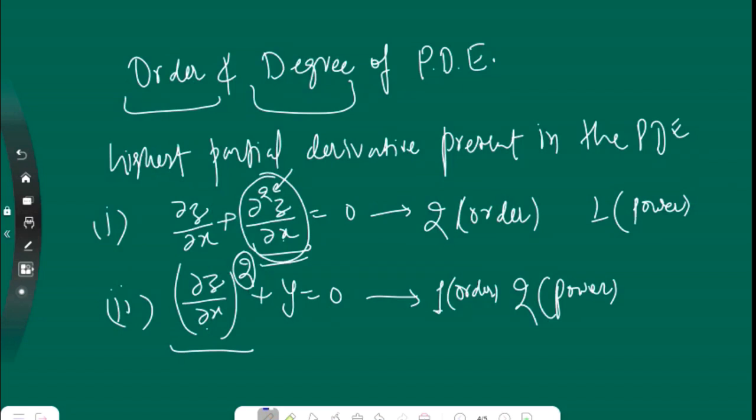The order is the maximum number of times we have differentiated it with a variable. So in this case we have differentiated 2 times, so the order is 2, and the degree is the power of the highest order derivative. So here the power is 1; in the second example, the order is 1 and the power is 2. For a clear understanding, we can take a few more examples.